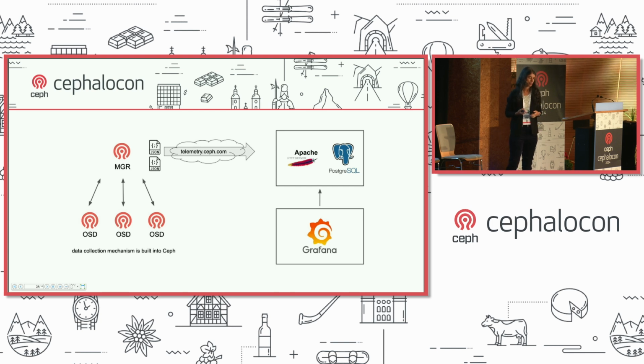The way we compile the report is that the manager daily gathers the data from the different daemons, and it compiles one report for the cluster, and then the reports for the device health metrics, and sends it to our endpoint, where we have an Apache server and a Postgres database, where we're crunching the data and presenting that in our dashboards.